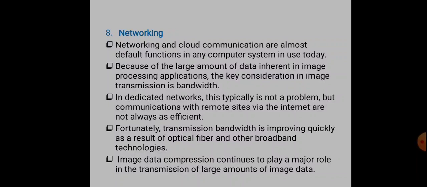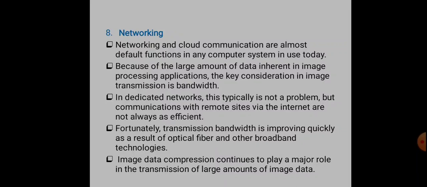So for that purpose, first you have to consider the bandwidth. Bandwidth is mainly used for transmitting the data: how much time it takes to transmit, how much cable is needed, how much distance, and so on.